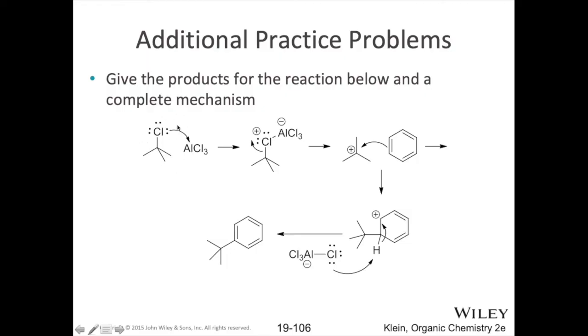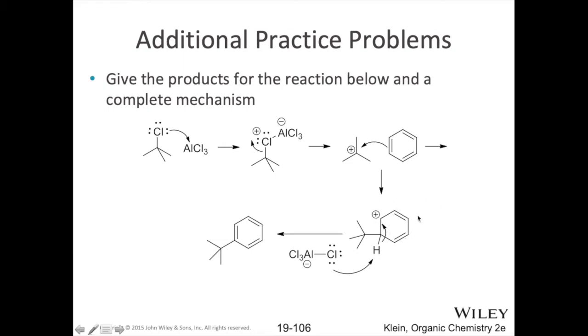Basically, it reacts with our aluminum chloride, produces this complex, which essentially plucks off the chlorine and produces a stable carbocation. It's possible for our benzene to react directly with this, but it might be easier to show this as a separate carbocation. Our benzene attacks that, and you then have our sigma complex.